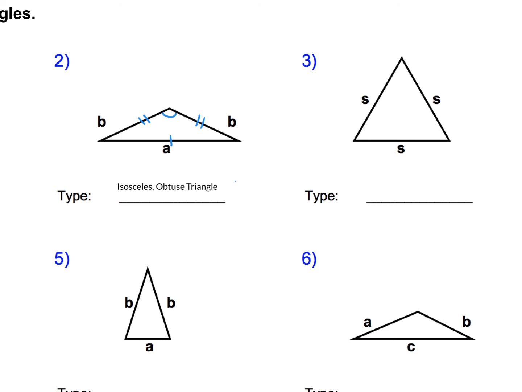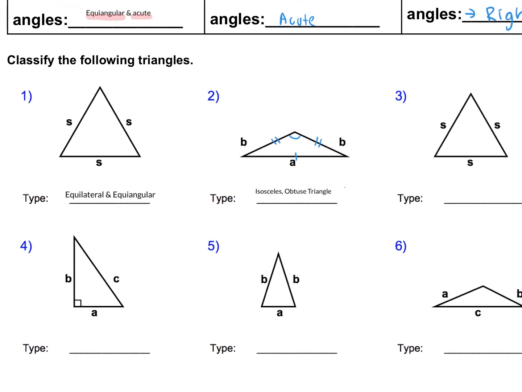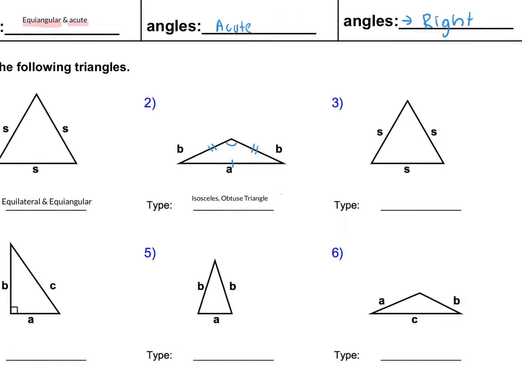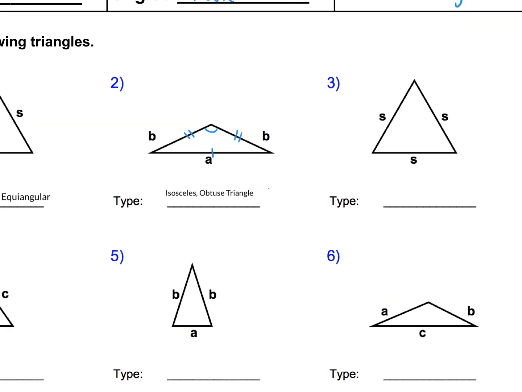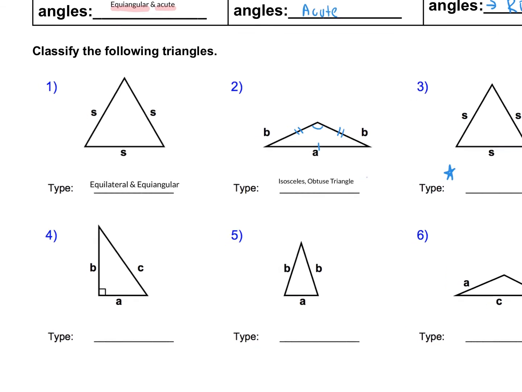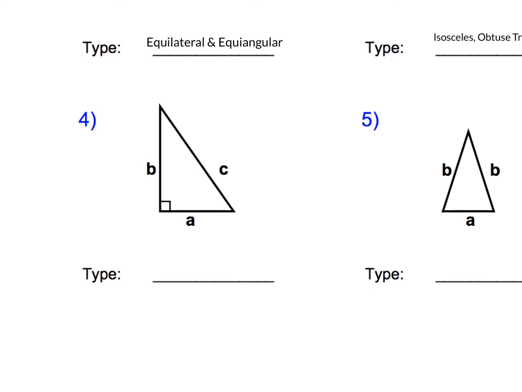Let's look at number 3. What does number 3 look like? Looks exactly like number 1. So yes, this would also, just like number 1, be equilateral and equal angular.